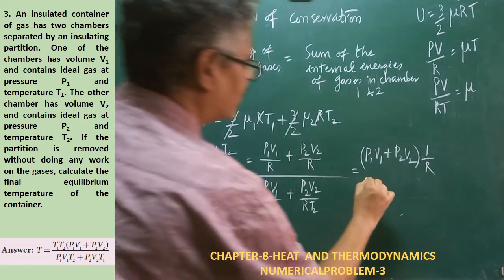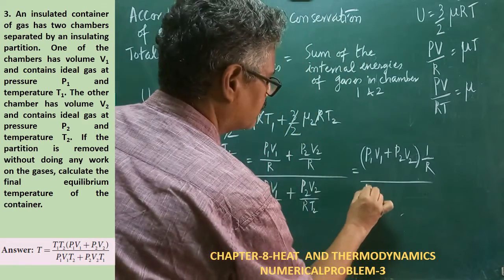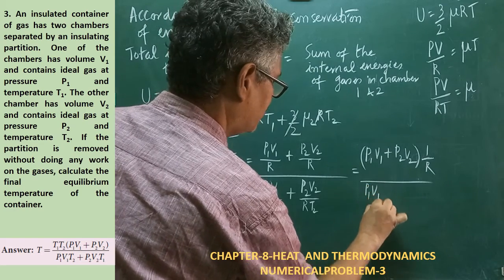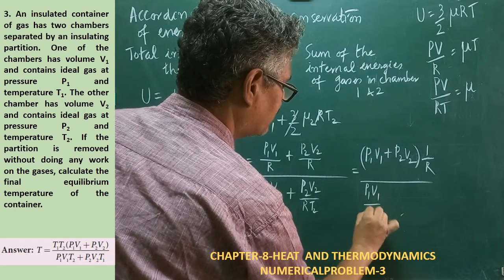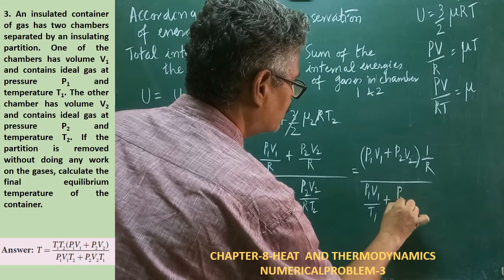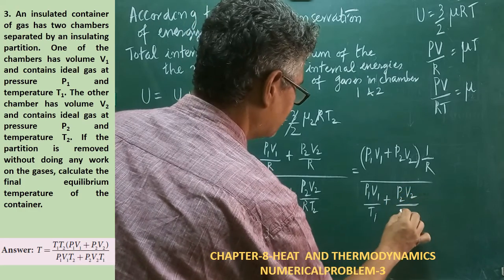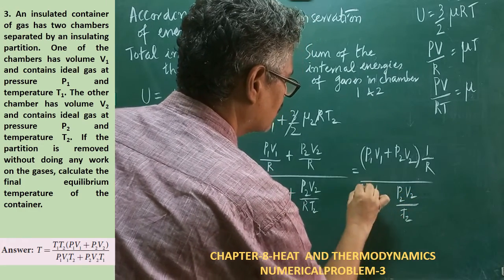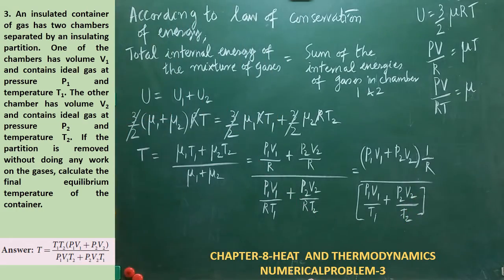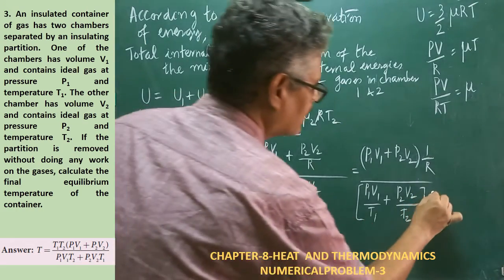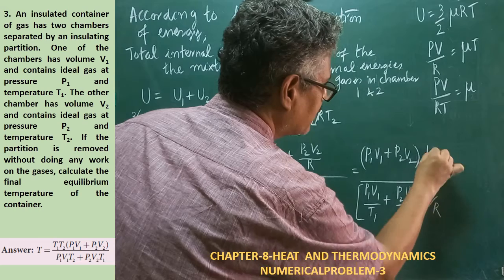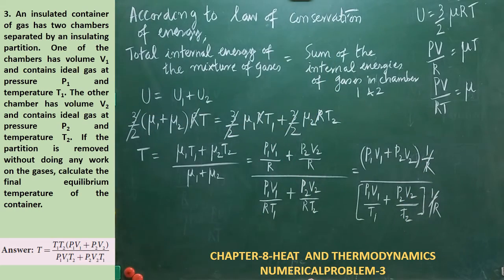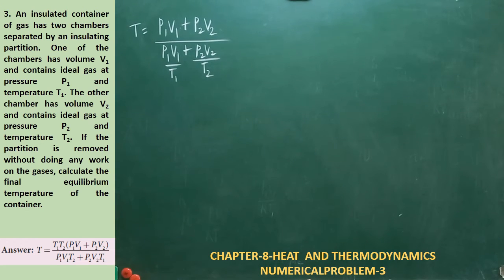Like this here also we can write P1 V1 divided by T1 plus P2 V2 divided by T2. The whole thing can be written within the bracket. 1 by R can be taken out, and that 1 by R can be cancelled. Okay. From the last step, I have written this equation.